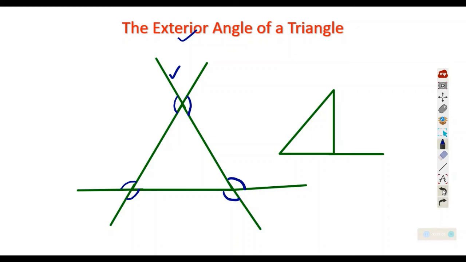If I extend on the other side, if I extend here, where is the angle found? An angle is found here. Understood? So these are exterior angles of a triangle.